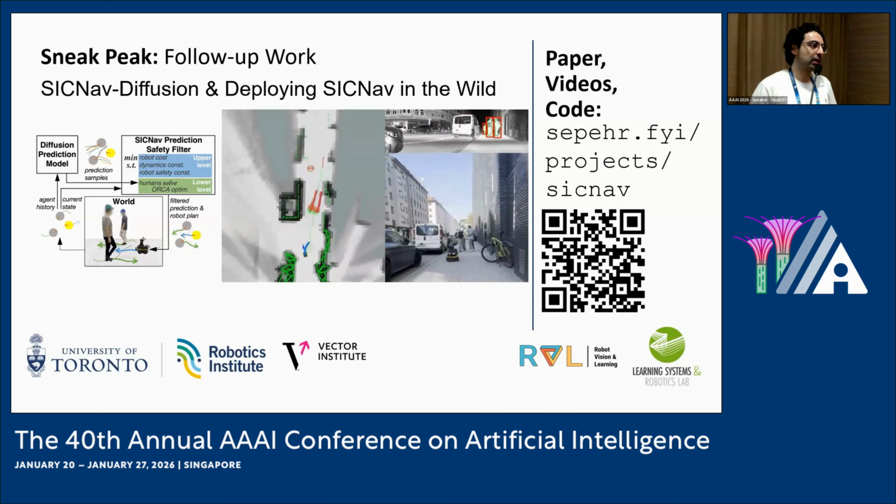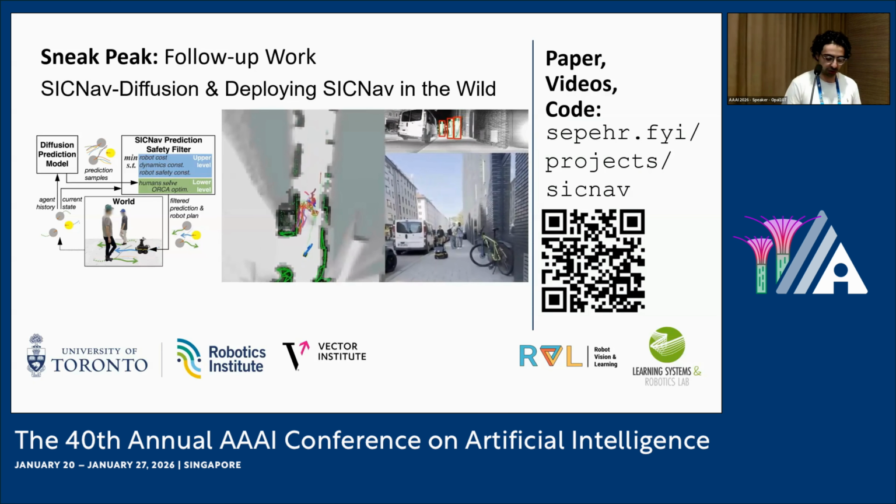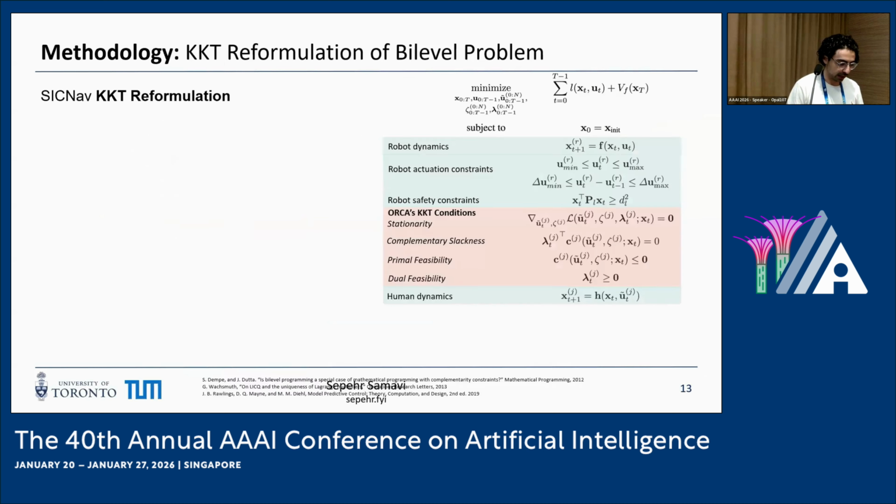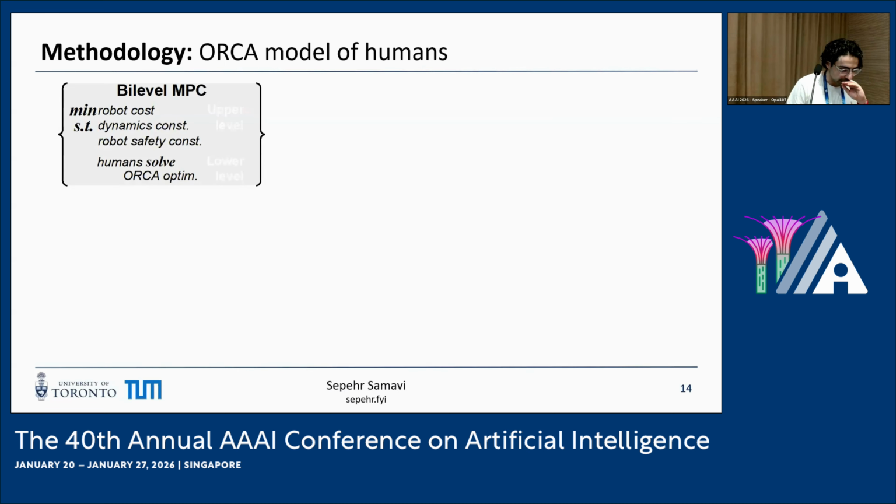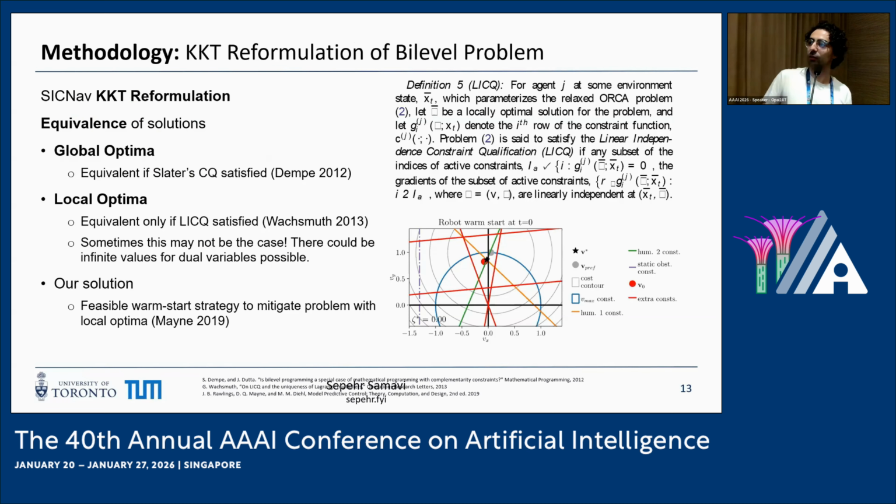That being said, it can be difficult, because you're solving in this velocity space, so it's really hard to have non-holonomic dynamics constraints in the program. What you're seeing here are these red constraints.